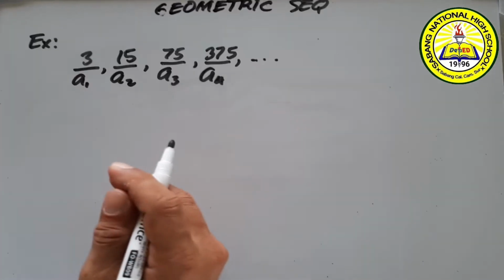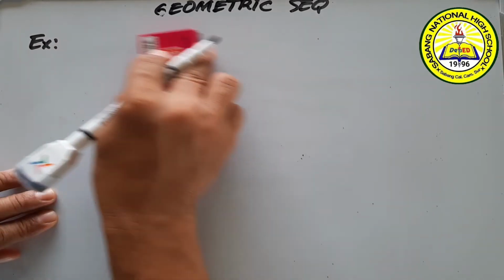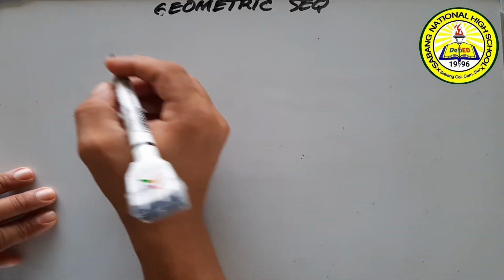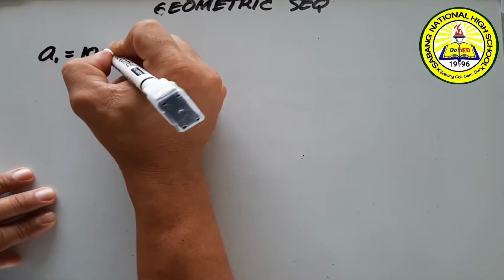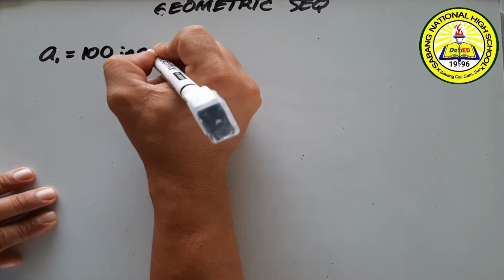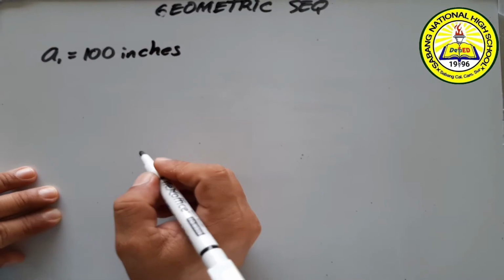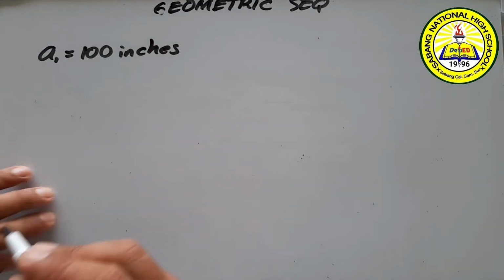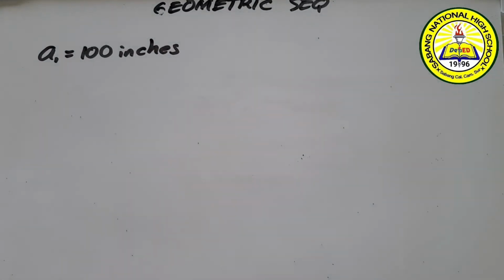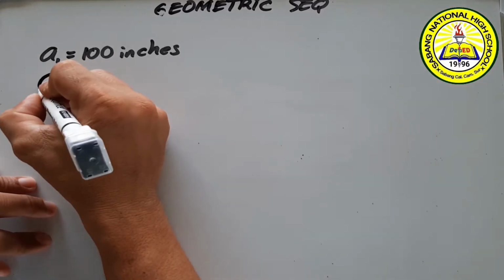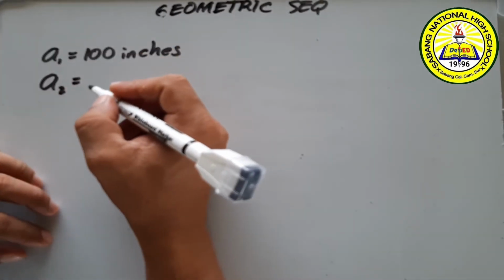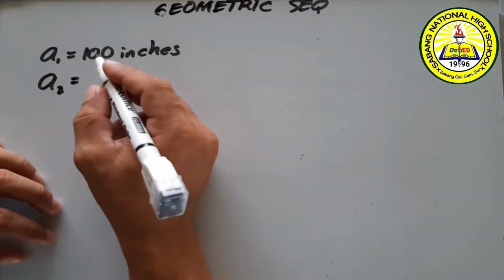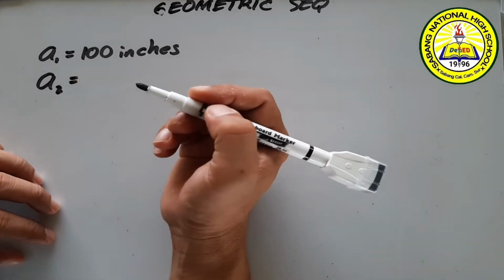The first height, let me just erase this one. The first height, that is A sub 1, 100 inches. And the ball bounces back 80% of its previous height. So, yung sunod na height niya kapag tumalbog yung bola, bumalik sa taas, 80% na lang daw ng previous height. So, the previous height is 100.